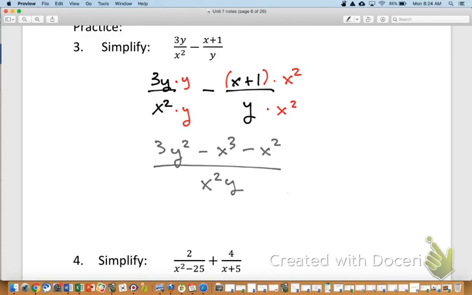Maybe for those of you that are done with 3, I've got a solution up there for you. We can discuss. Look very carefully. Make sure it's exactly the same.